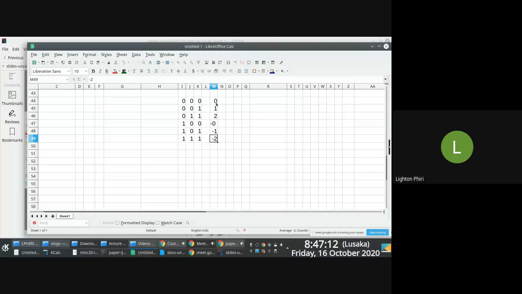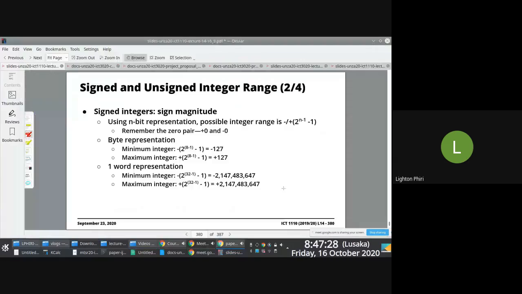For us to be able to derive this range, 0 all the way up to negative 2 here. Maybe we should have done it the other way around. Doesn't matter, we'll follow the number line left to right. For us to get this range of numbers, we use this simple formula here, and we can prove this. The range of numbers is going to start from negative.